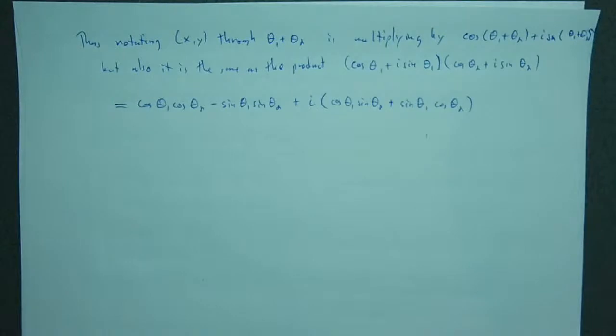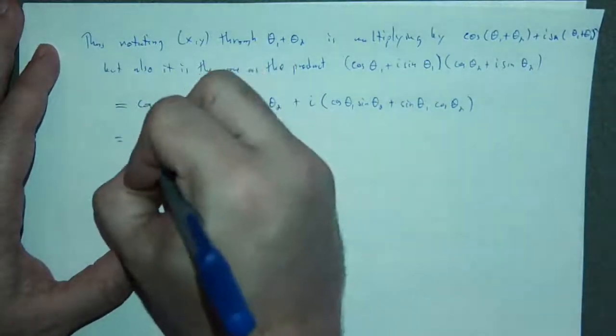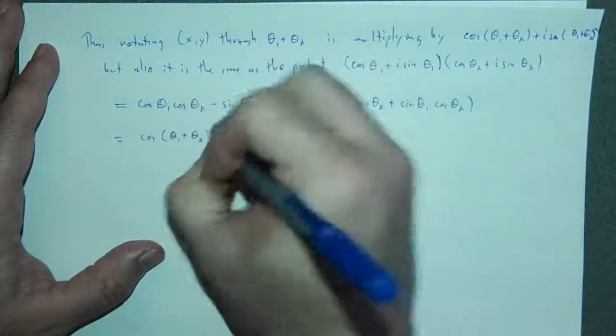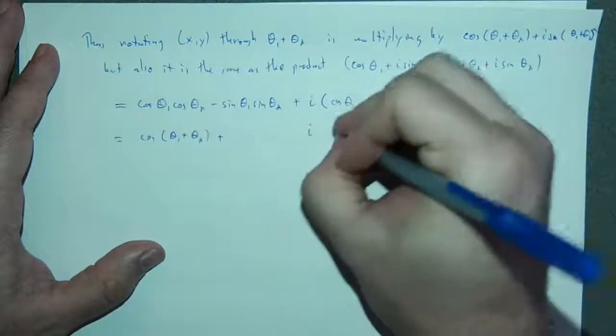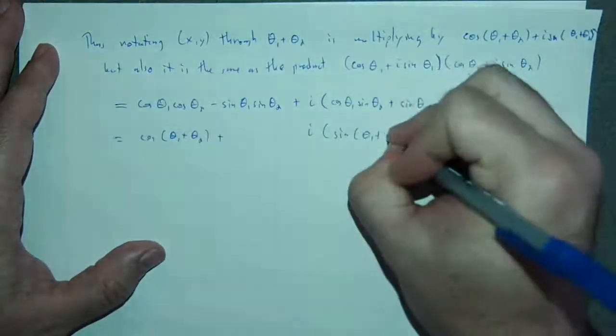Right? But line these up. These have to equal cosine theta sub 1 plus theta sub 2 plus I times sine of theta sub 1 plus theta sub 2.